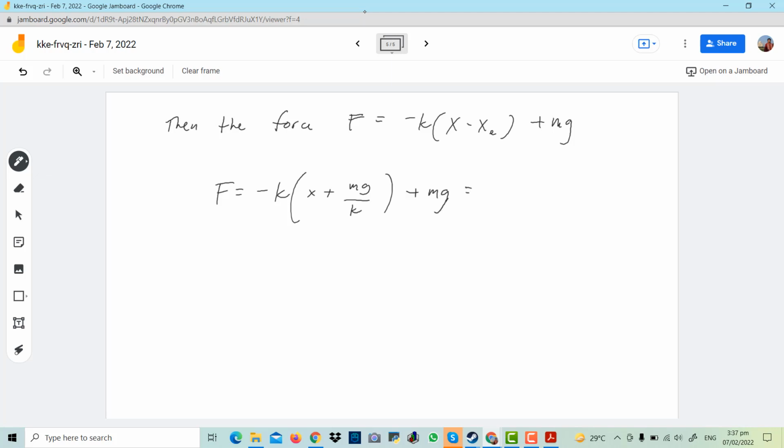Substitute the k, you will have minus kx minus mg plus mg. You can cancel out this. You will get F is equal to minus kx.